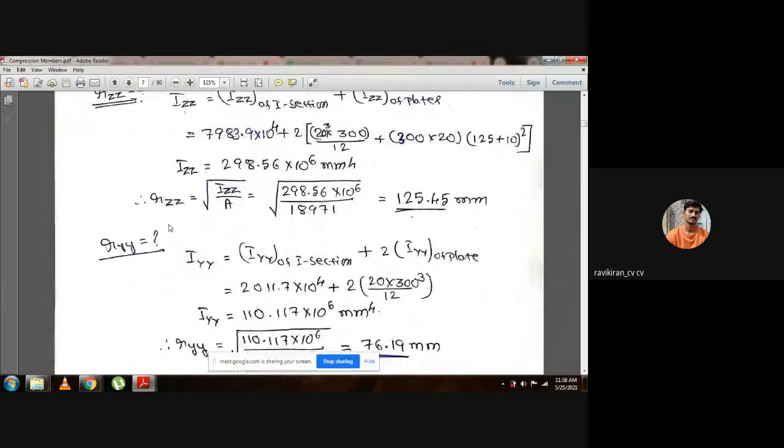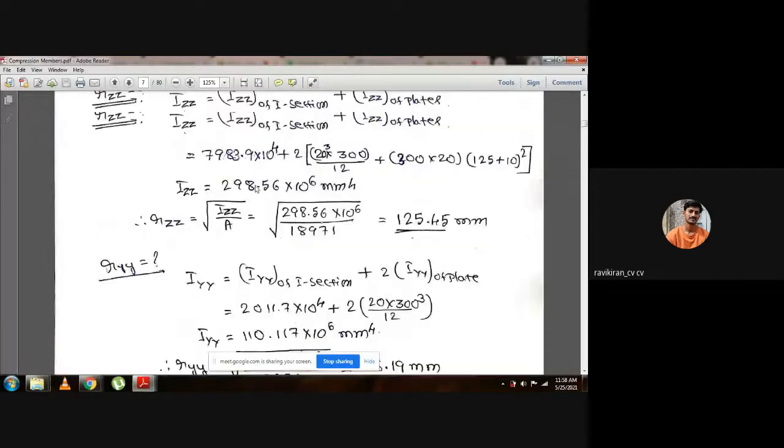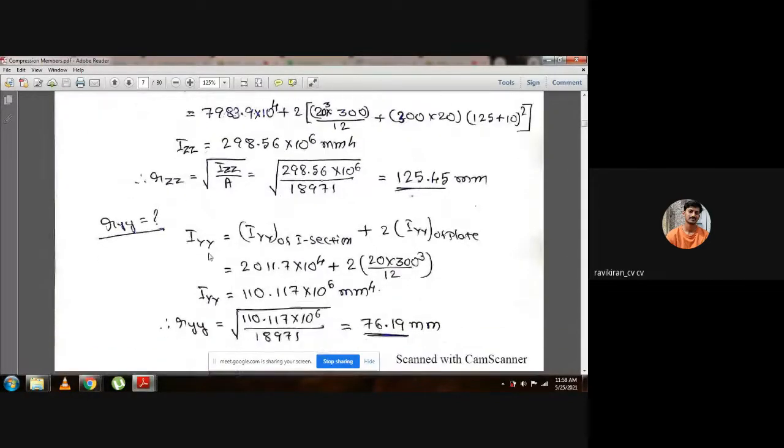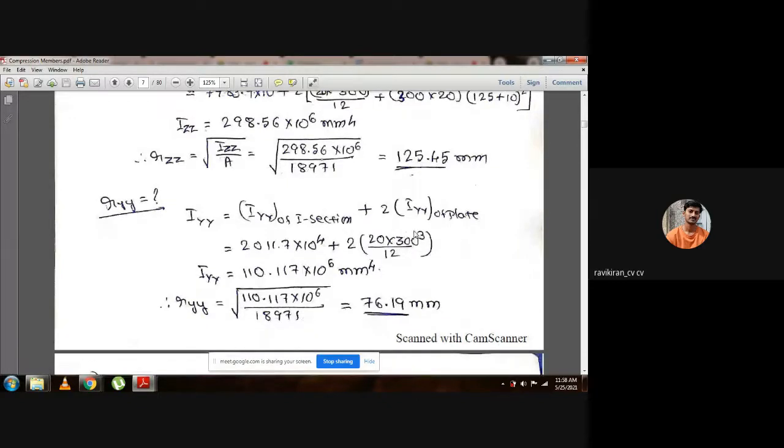Also, the YY direction we should calculate, with the same procedure. IYY is equal to IYY of the I section plus 2 times IYY of the plate. The IYY value you get directly from the steel table, plus 2 times the plate. Here we are looking in the Y direction, so the breadth will become 20 and the depth will become 300.